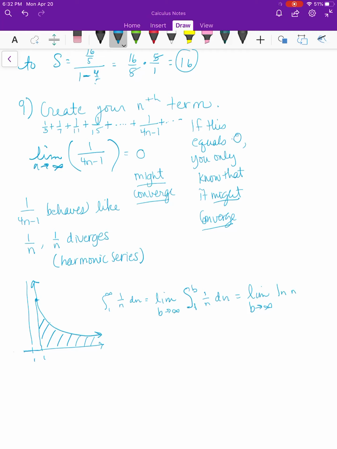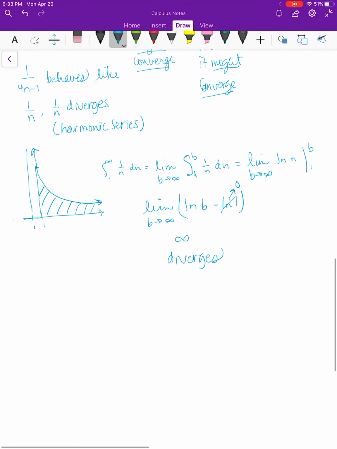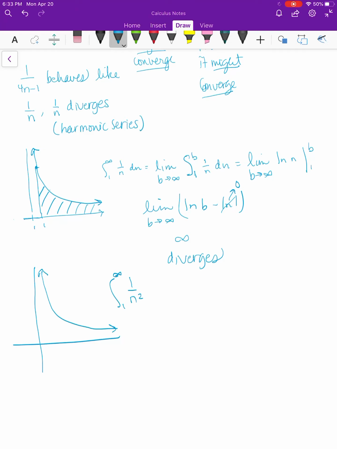Well, you're going to say the limit as b goes to infinity of the integral from 1 to b of 1 over n dn is going to be the limit as b goes to infinity of ln n from 1 to b. This is going to be ln b minus ln 1. We know ln 1 is 0, so that's going to go. So if I put infinity in here, I'm going to get infinity. This diverges. That means that this area just keeps getting larger and larger and larger. It goes to infinity.